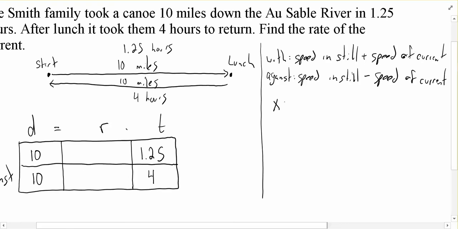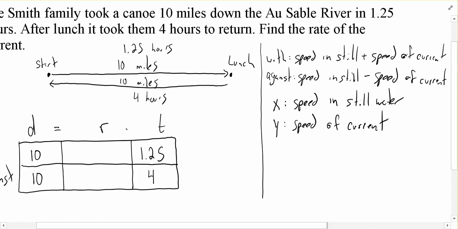Now we can see what our variables need to be. One of our variables, x, needs to be our speed in still water, so the speed that we're trying to paddle if there was no current at all. And y can be the speed of the current. Again, writing this out in words.